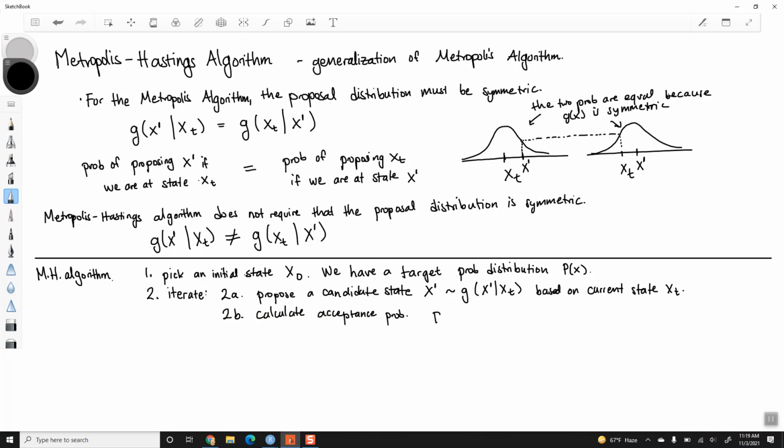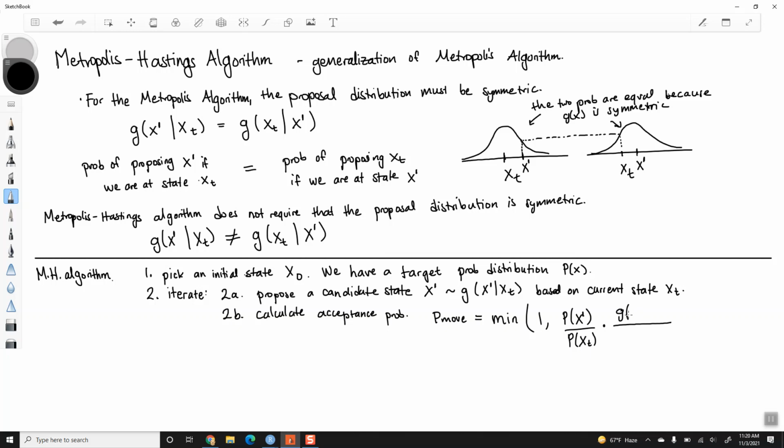Which we'll call P move. And this is equal to the minimum between 1 and we have P of the proposed location, x prime, divided by P of the current location, x at time t. So this is the same as the Metropolis algorithm. And then the Hastings part is we also multiply it by the difference between the two proposal distributions.